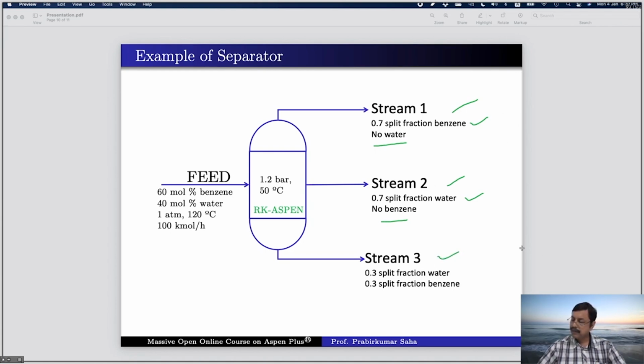So out of these 6 components, we have to choose any 4. The other 2 will be fixed by themselves. So that's what will happen.